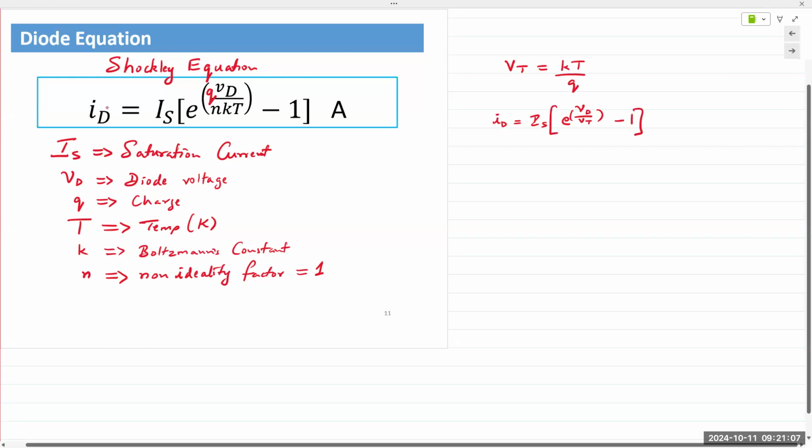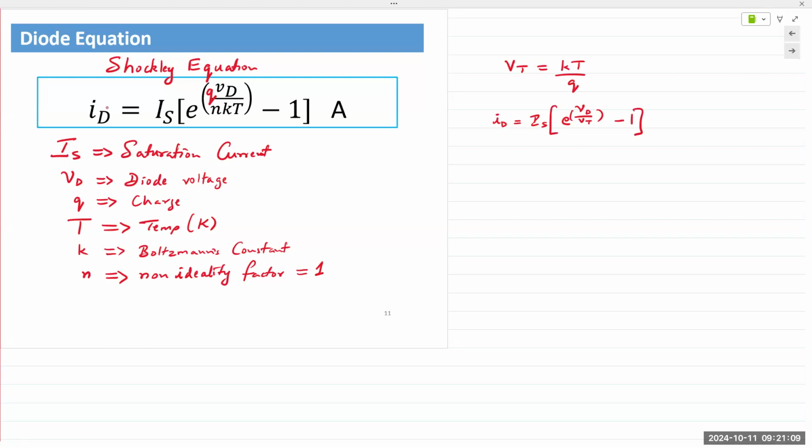Thermal voltage Vt is kT over q. So q over kT is 1 over Vt, thermal voltage. And of course, given a specific temperature, that value for Vt is also a constant, right? So far so good.